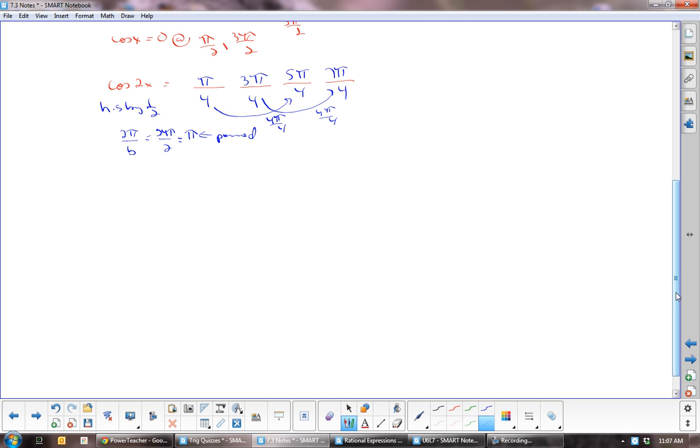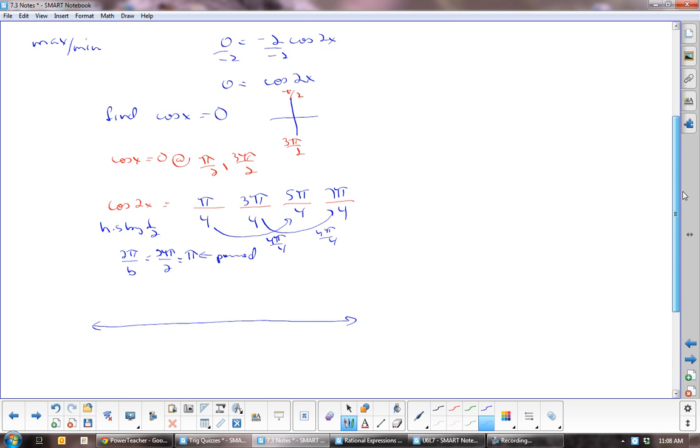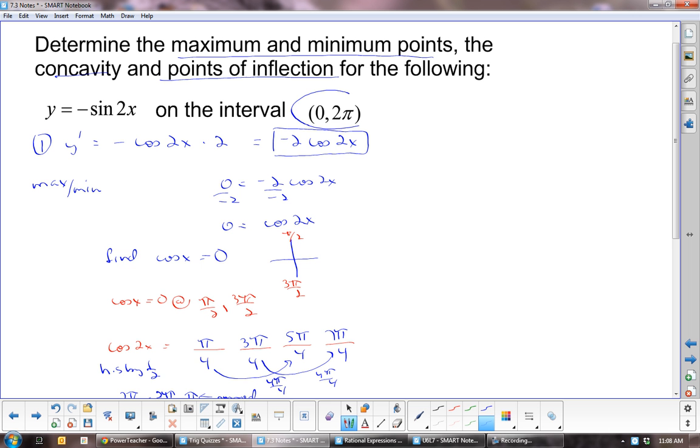Now, this is where we want to test, because to find max and mins, remember, we have to put every single one of our critical values on our line. Be very aware that we are not given over an entire domain. We are given between 0 and 2 pi.